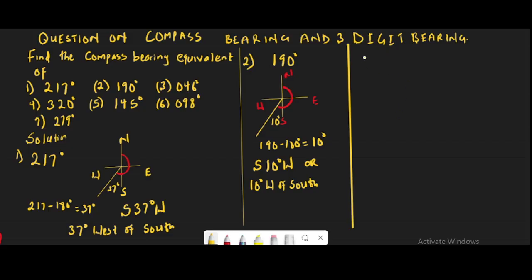Then we have the third question, which is 046 degrees. For 046, we draw our cardinal points: north, south, east, and west. We have 46 degrees coming from the north, since bearing is always taken from the north.